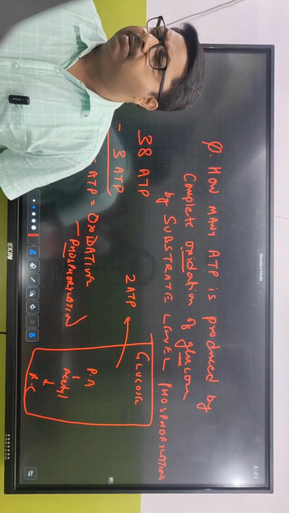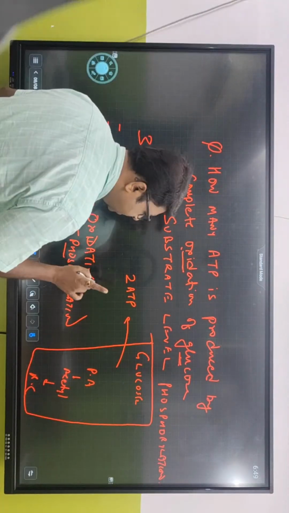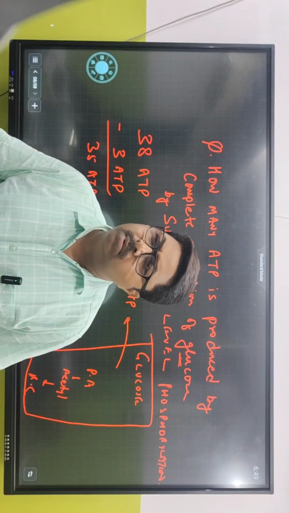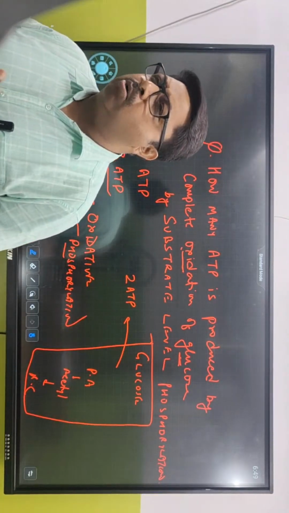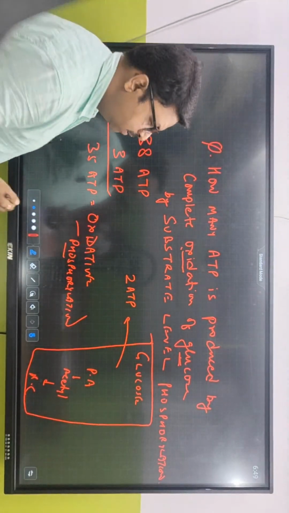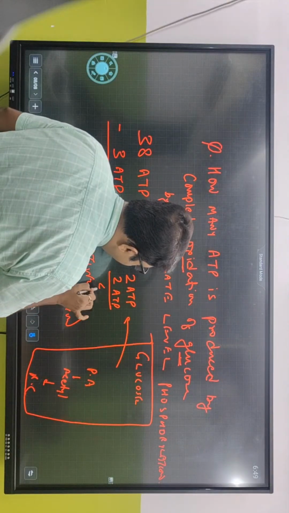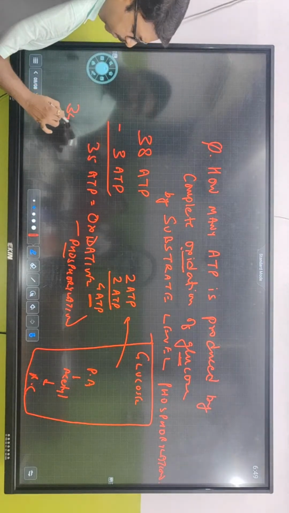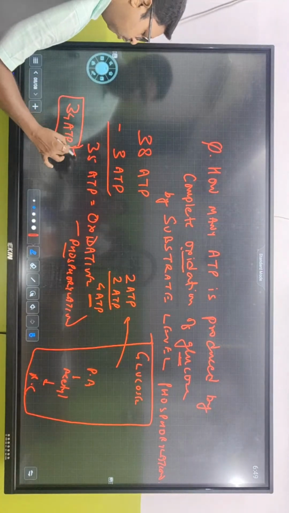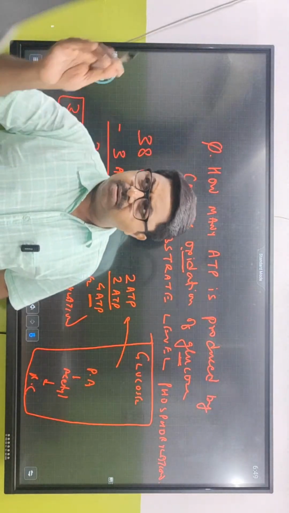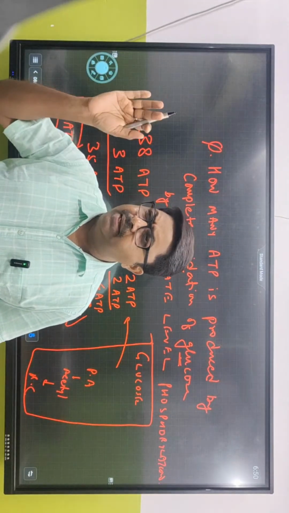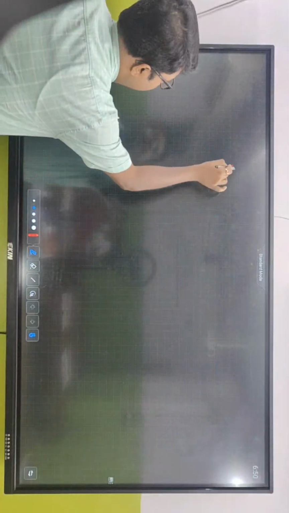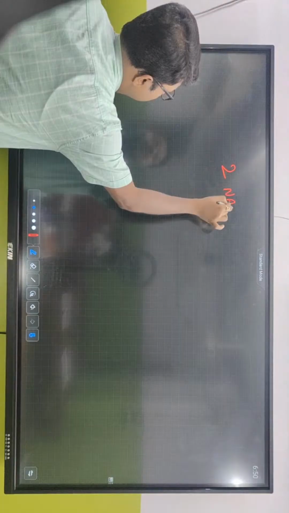Krebs cycle, 1 ATP, but there are two Krebs cycles, so 2. Then what is the total? 4 ATP. If 4 is removed from 38, how many remain? 34 ATP by oxidative phosphorylation. Is it right? Check it out. In the glycolysis step, how many NADH2? Two NADH2.